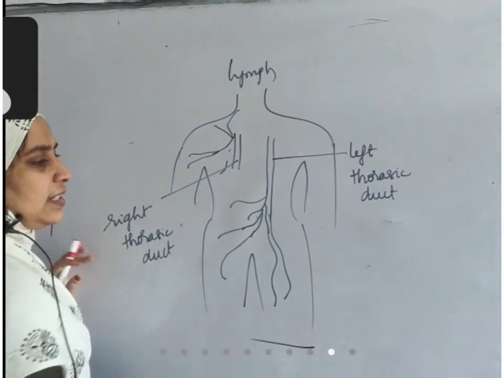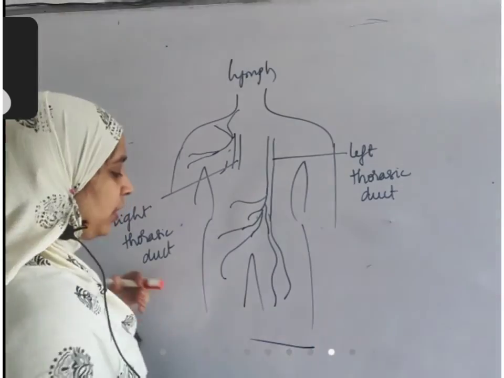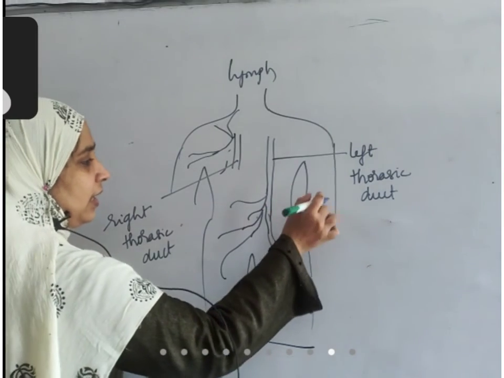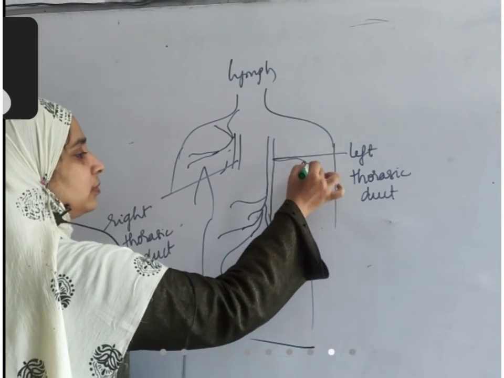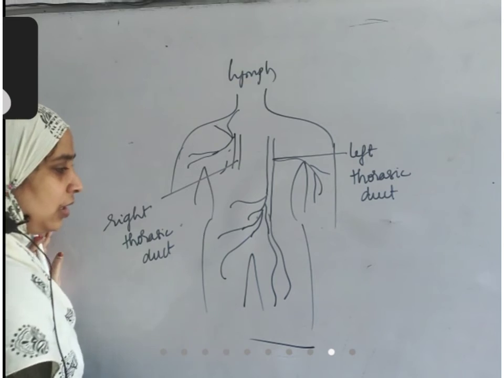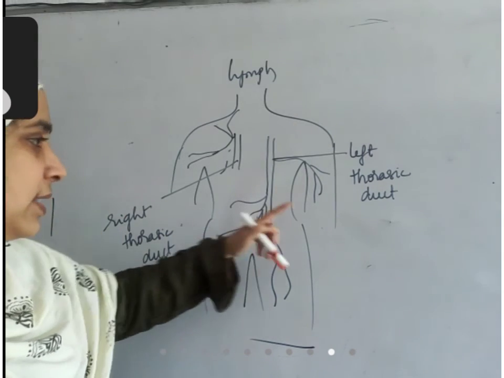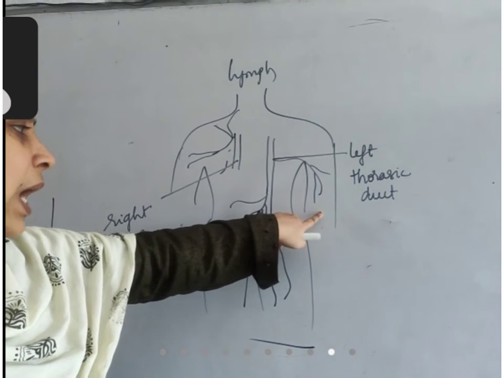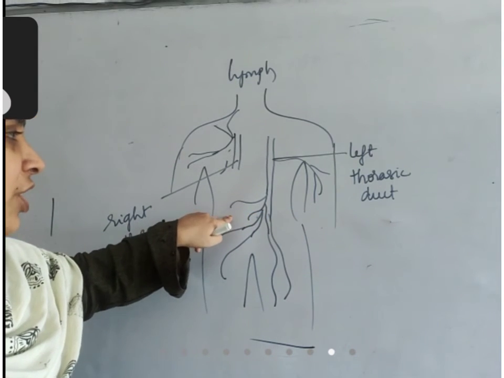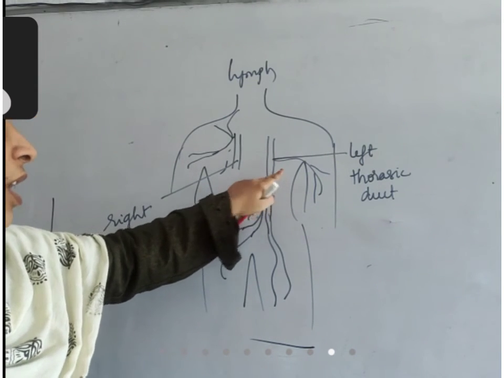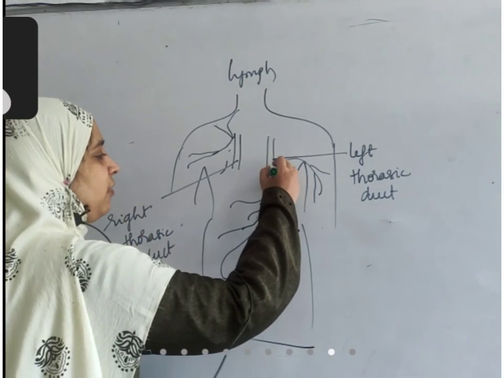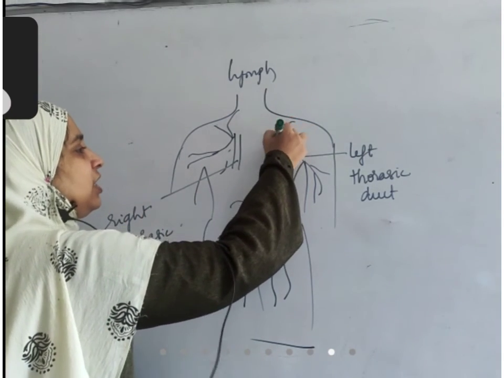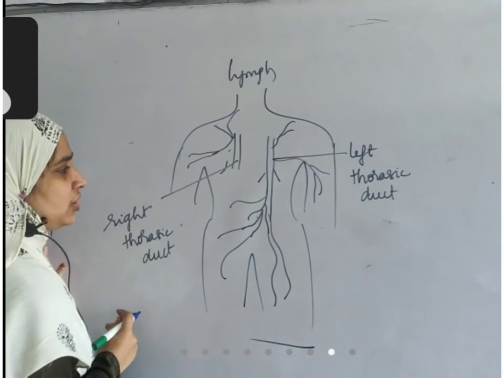The left thoracic duct collects the lymph from the legs, left arm, abdominal region, left part of the chest, and left side of the neck.